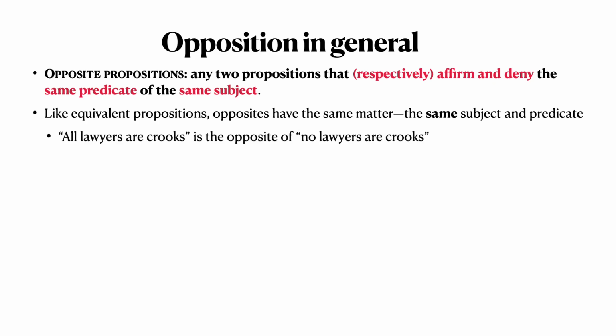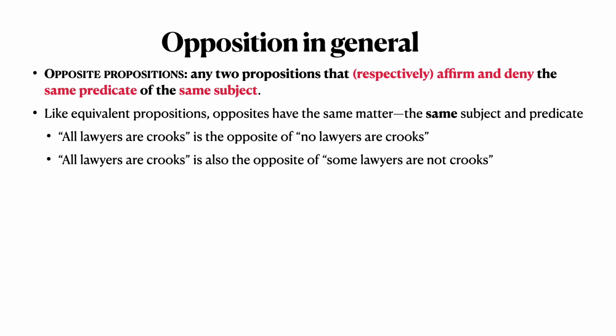different things. So if I say all lawyers are crooks, there are a couple of different ways that can be opposite. So all lawyers are crooks is the opposite of no lawyers are crooks, but all lawyers are crooks is also the opposite of some lawyers are not crooks. Both of those things are denials of what all lawyers are crooks affirms.